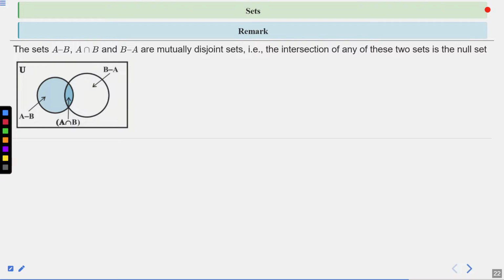So, try to understand from this Venn diagram.